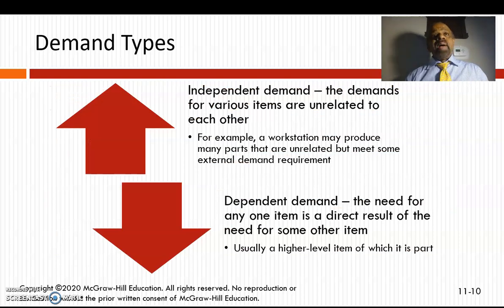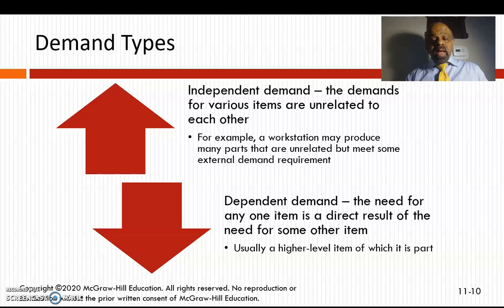There are 2 types of demand. One is independent demand, another one is dependent demand. Independent demand, for instance, let's say you have a workstation, a lathe. It produces many parts. But some of these parts are not related to each other, but then they meet external departments as well. That is an independent demand.